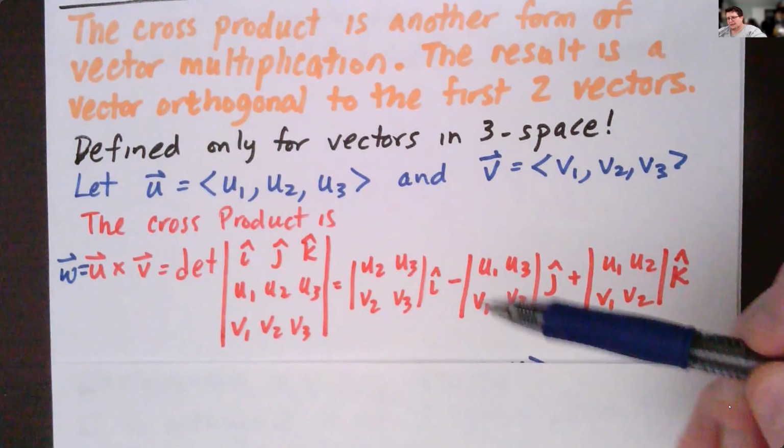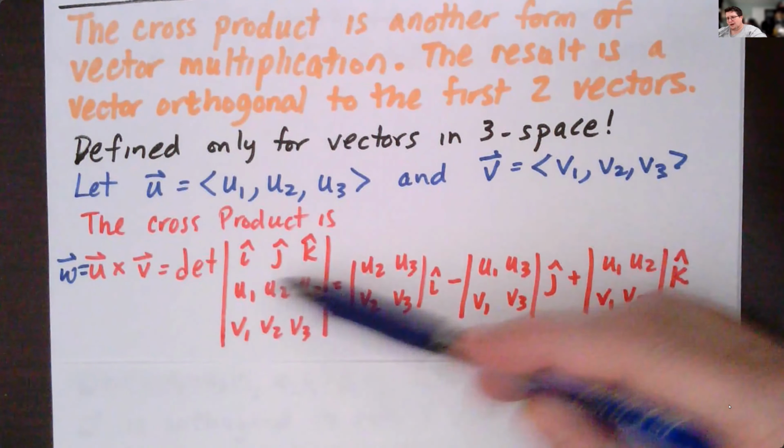If you do that, the submatrix for i is u2, u3, v2, v3. Then we go to the j column. J is the middle one. We minus it. So we've got minus the j times the submatrix u1, u3, v1, v3.